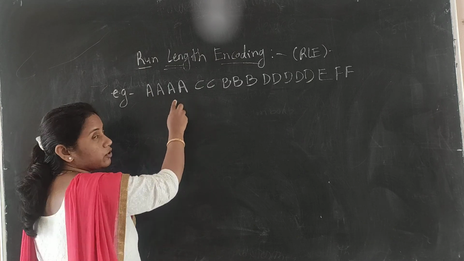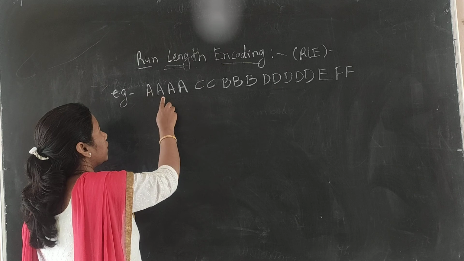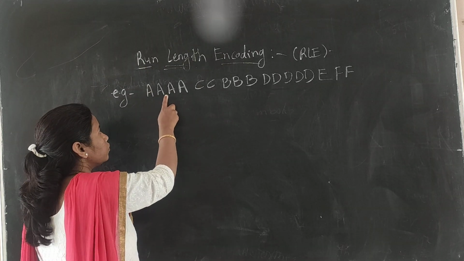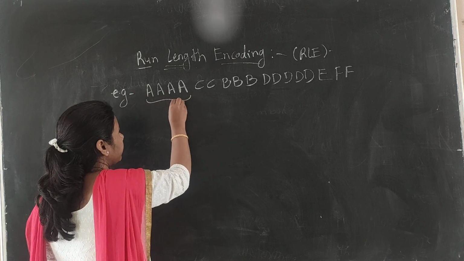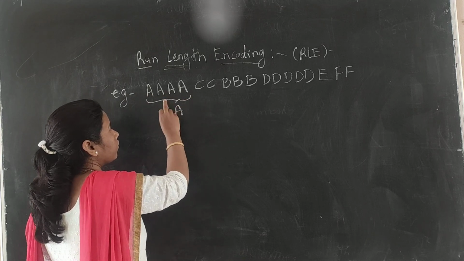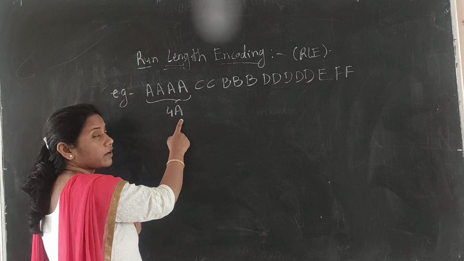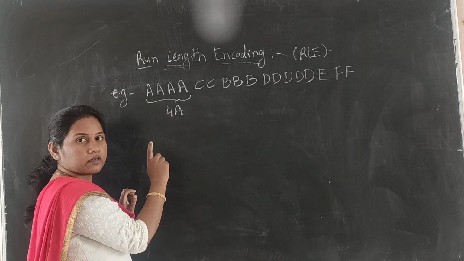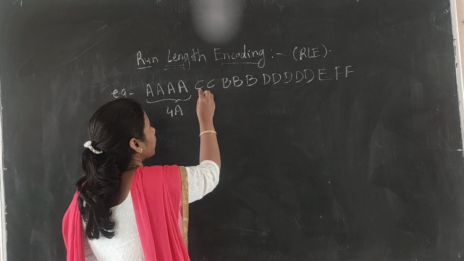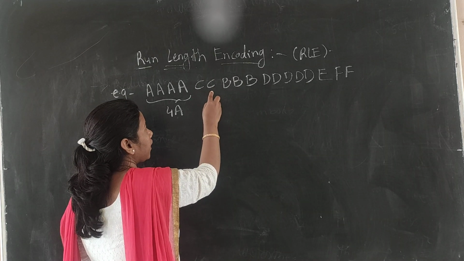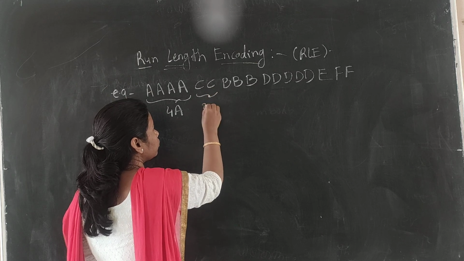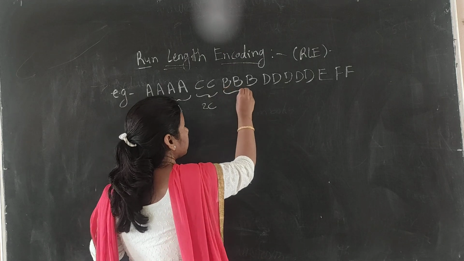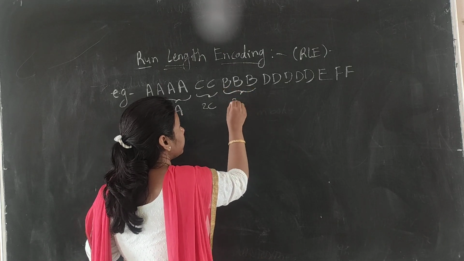We have a continuous string of symbol A. How many A's are there? 1, 2, 3, 4. We can write 4A. Instead of 4 symbols, we require only 2. Then how many C's? 1 and 2, that is 2C. How many B's? 1, 2, 3, so 3B.